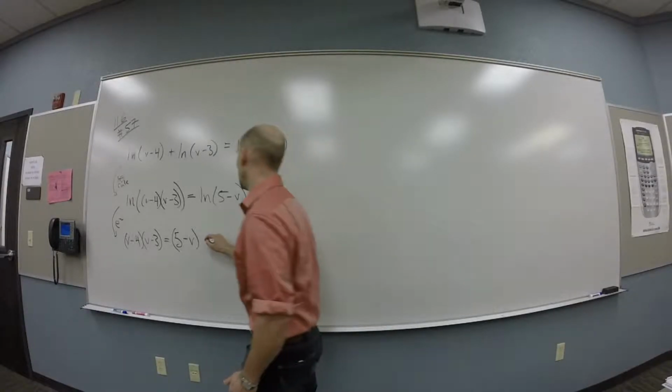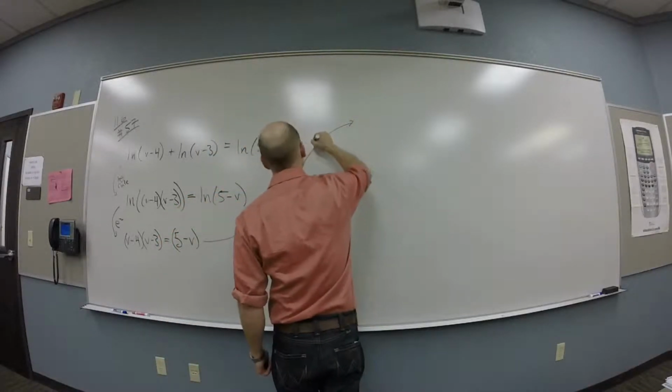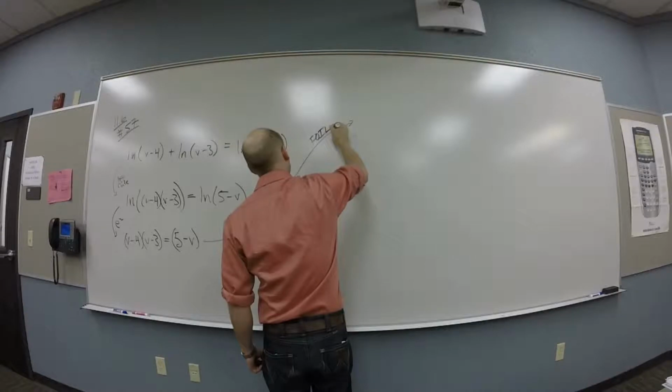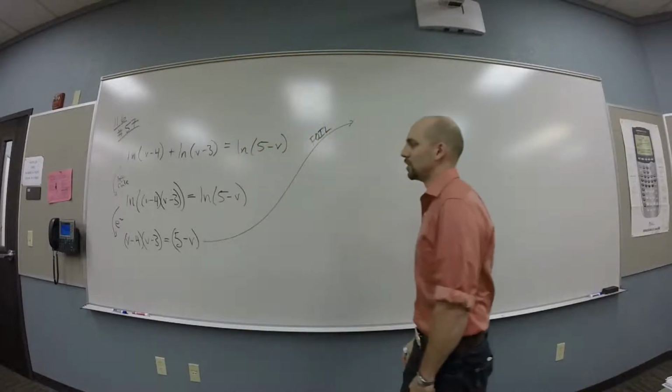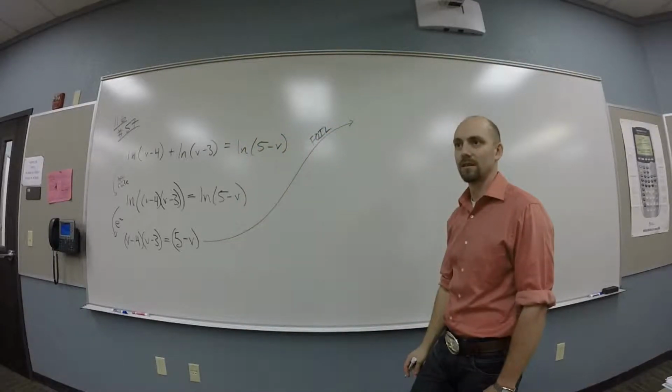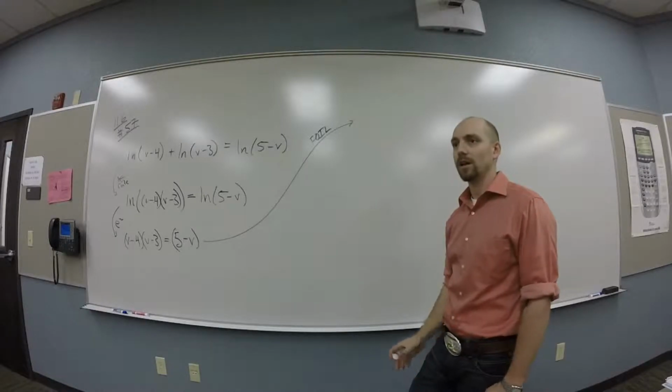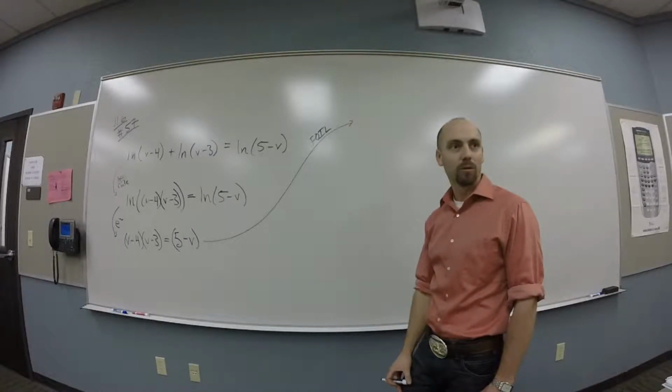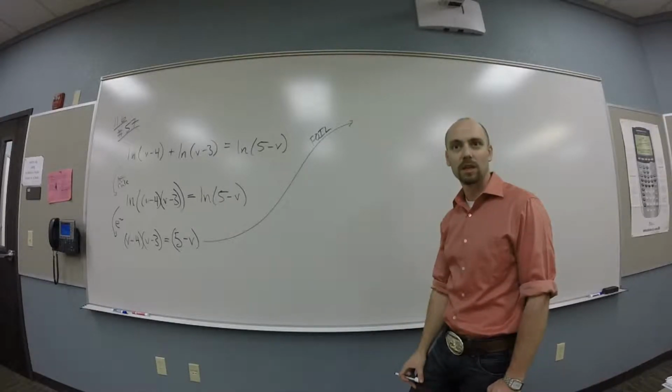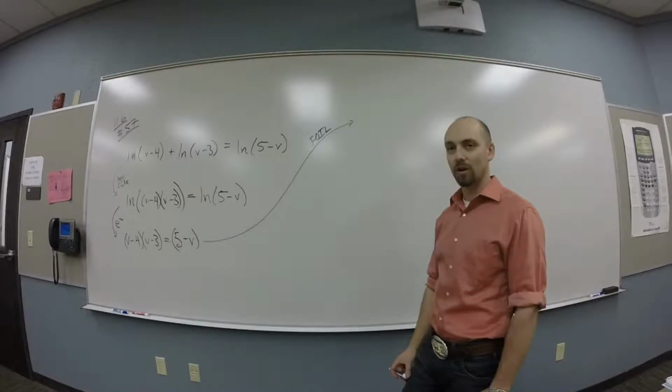Okay, so we want to FOIL the left-hand side. What's your motivation for doing that? Yeah, I want to get to some place where I can apply the quadratic formula. You guys see that? That's my only tool for solving things like this.